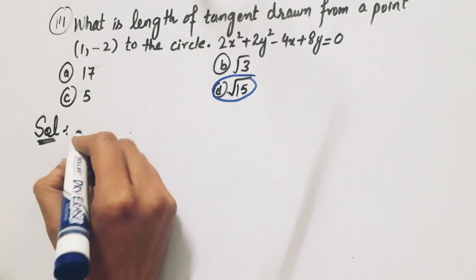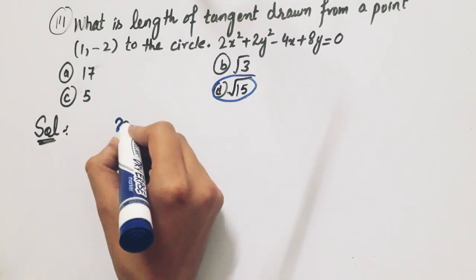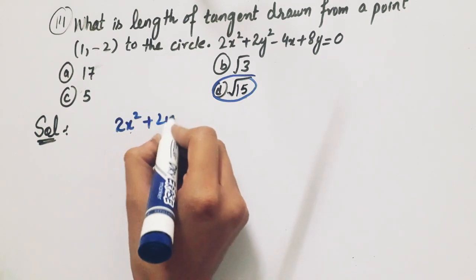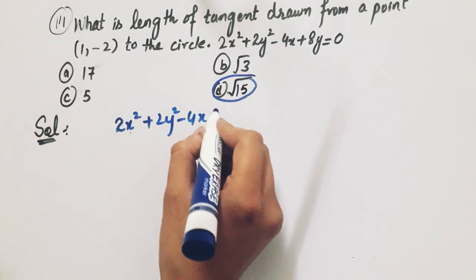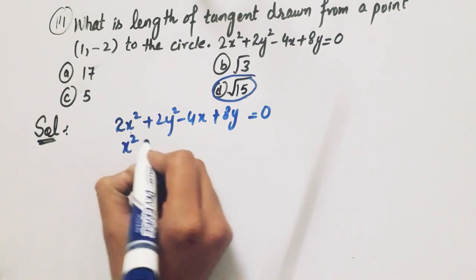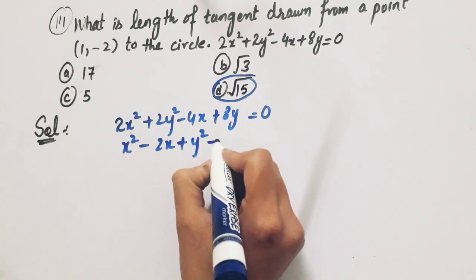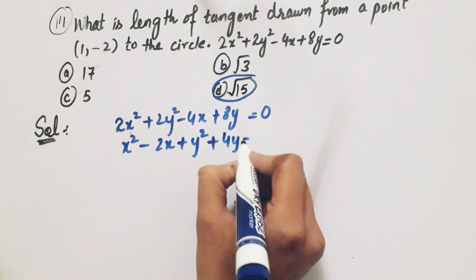Now how will we solve this question? First of all, rewrite this equation: 2x square plus 2y square minus 4x plus 8y. Divide this by 2. It will become x square minus 2x plus y square plus 4y is equal to 0.